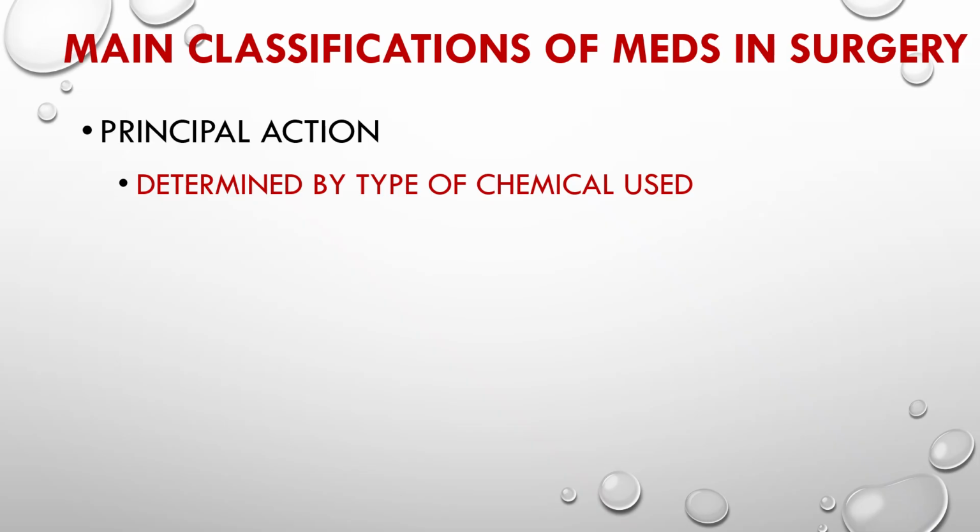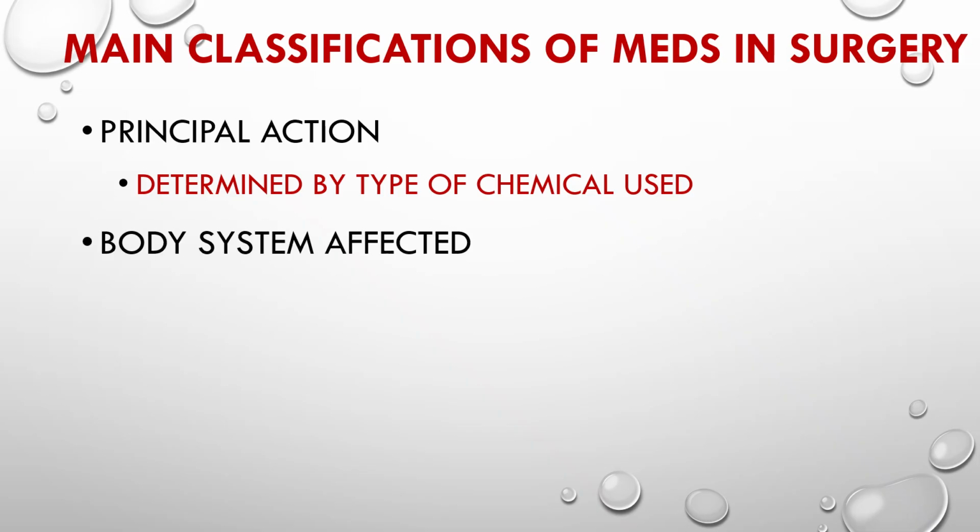Unfortunately, it doesn't necessarily give us an indication as to what they're doing, which is kind of what that name implies. So it's a bit misleading. So again, principal action is determined by the chemistry. So again, barbiturates, benzodiazepines, big classes of molecules based on the chemicals that make them up.